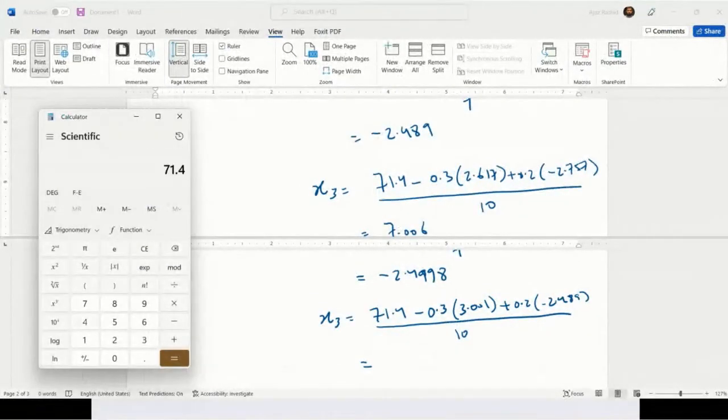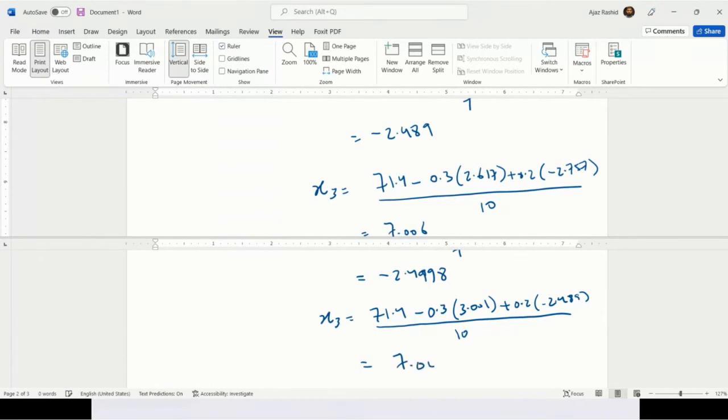So 71.4 minus 0.3 into 3.001 plus 0.2 into 2.489 with a minus sign, this divided by 10, 7.0002. Okay, so I can find the errors here and I can continue.